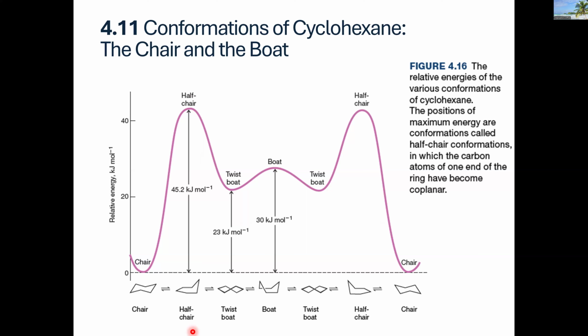In fact, here you can see there is so much strain: torsional strain, and also angle strain, because 1, 2, 3, 4, 5 is almost planar. So there is so much angle strain there, and the potential energy is very high.